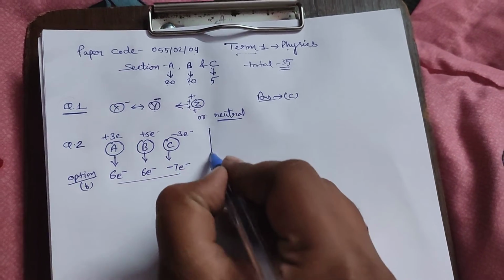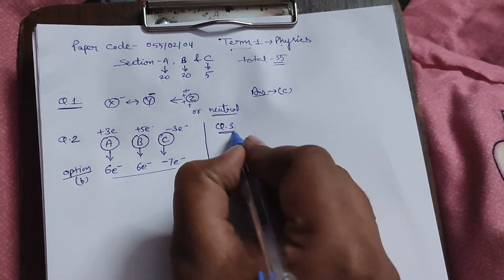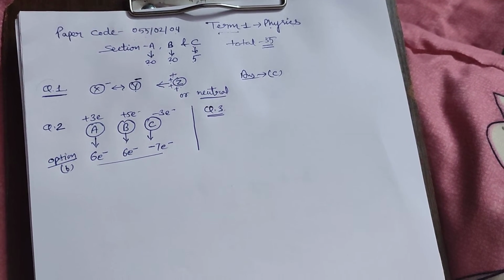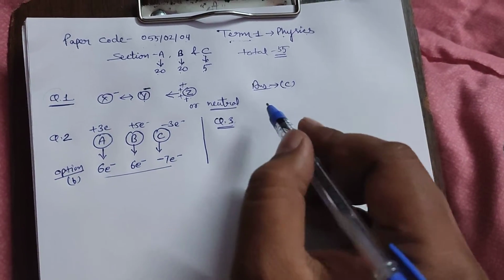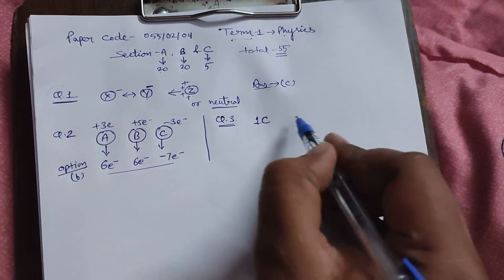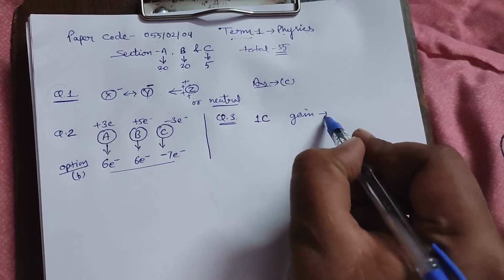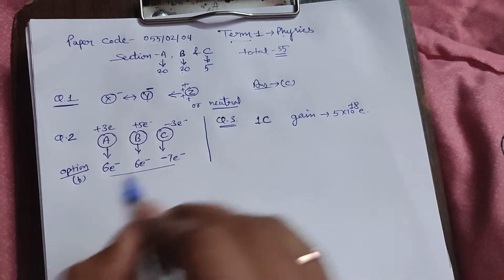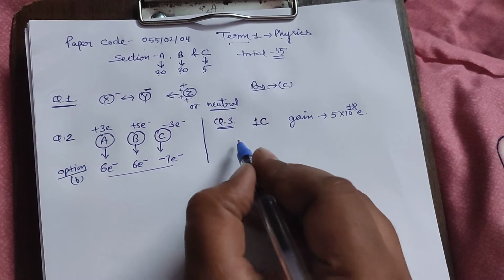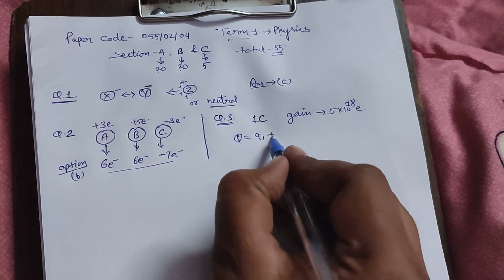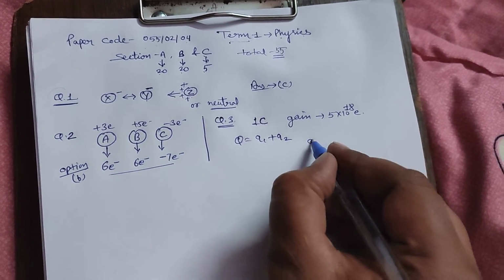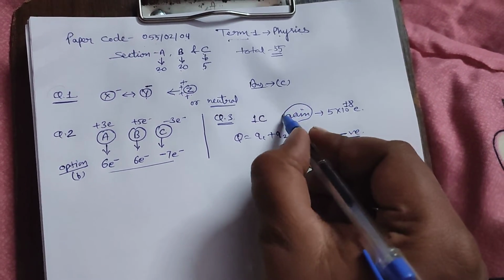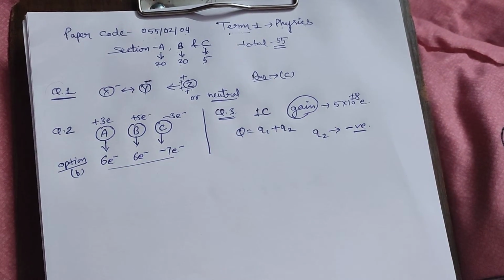Okay. Now in question number 3 they are asking about the total charge on an object which initially contains 1 coulomb of charge and gains 5 into 10 to the power 18 electrons. So the final charge Q is equal to Q1 plus Q2. Q2 must be negative because the electrons are gained, and if electrons increase then the charge is negative.